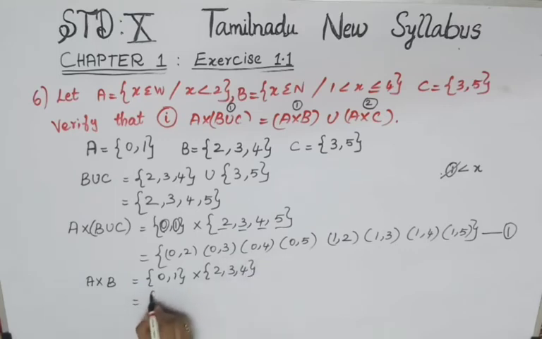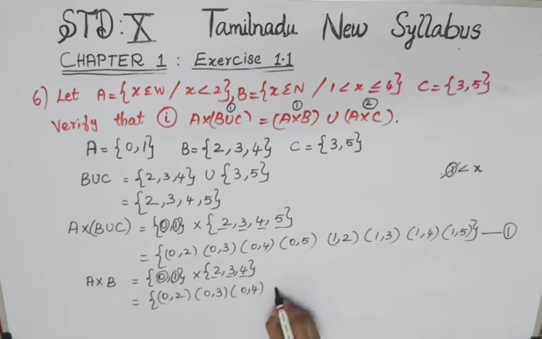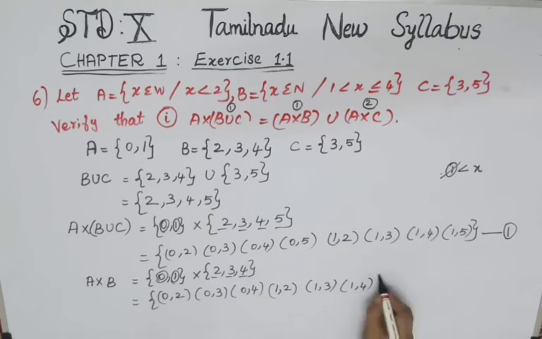Now writing the ordered pairs, the first element in A joined with these three elements: (0,2), (0,3), (0,4). Then 1 has to be joined with these three elements: (1,2), (1,3), (1,4). So we have completed.